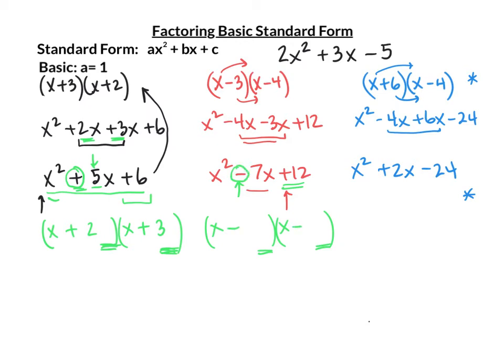And you need two numbers that multiply to 12. They're both going to be negative. Here they are. The two numbers that multiply to 12, but they add to negative 7. And that is negative 4 and negative 3. Notice how negative 4 times negative 3 is positive 12, and negative 4 plus negative 3 is negative 7.